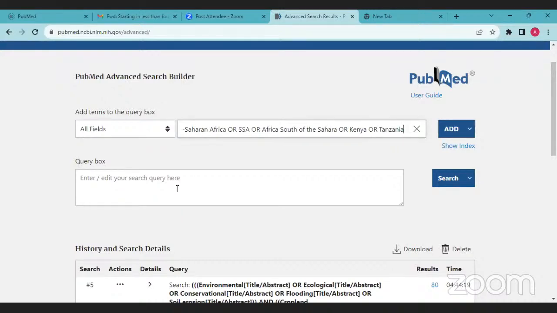We don't have time. I would have to write all the 56 countries, 56 or 52 in Sub-Saharan Africa. So I'm going to do this. So let me add it also to the search query and search for it.